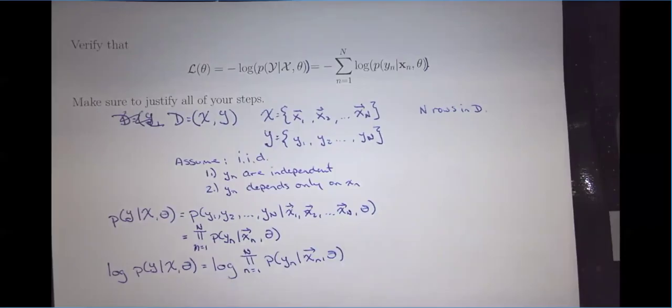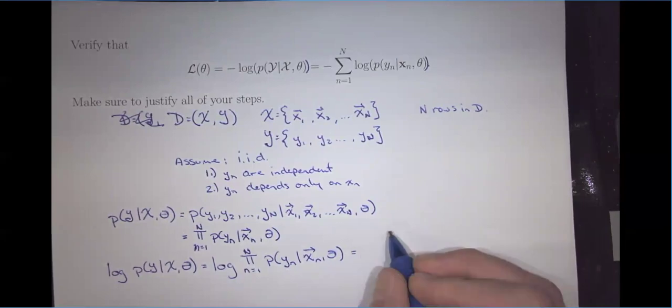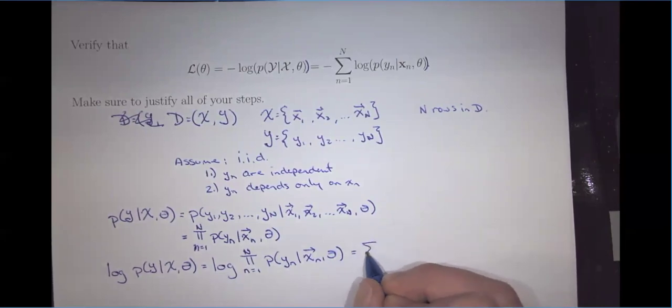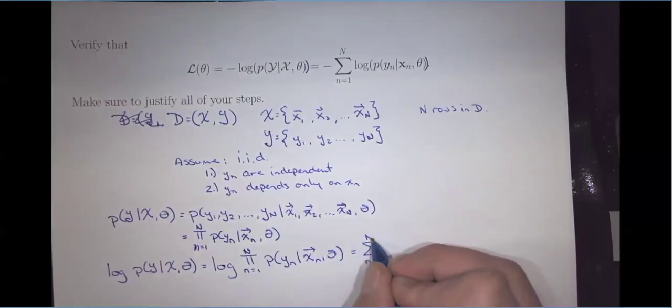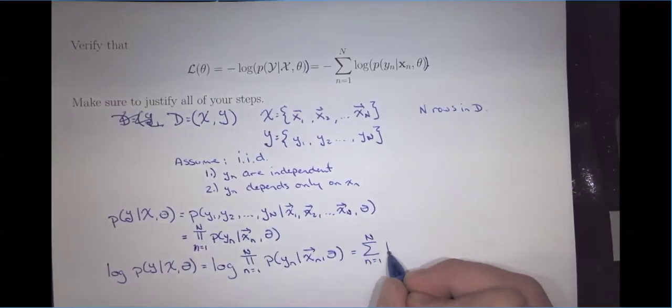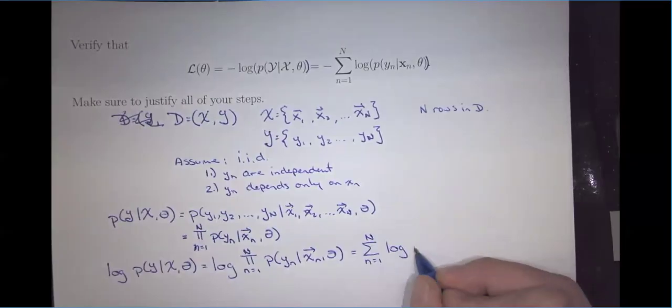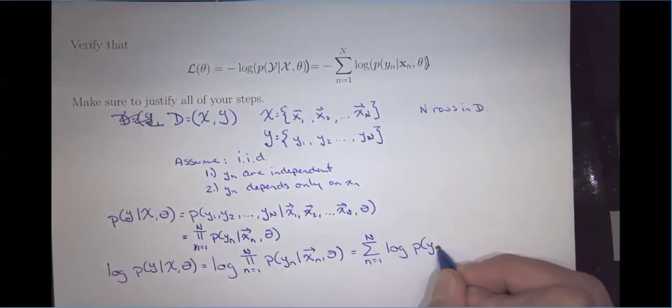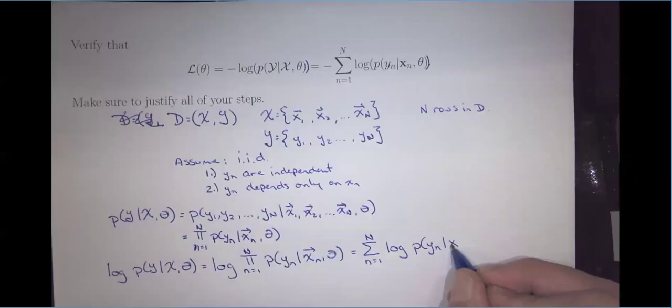But we know that the log of a product is the sum of the logs. So this is going to be the sum of each of the individual logs. So it's the sum of the log of the probability of yn given xn and theta.